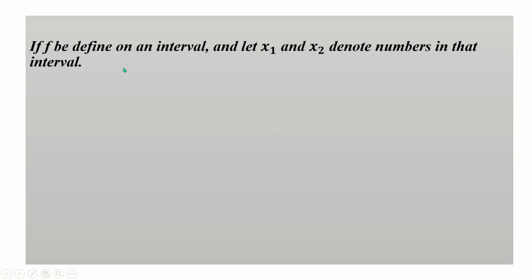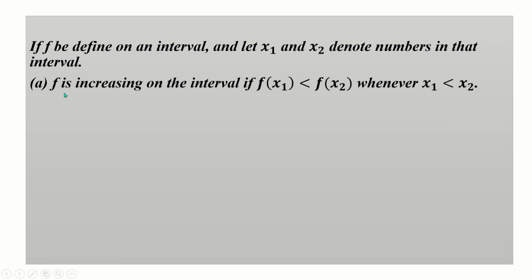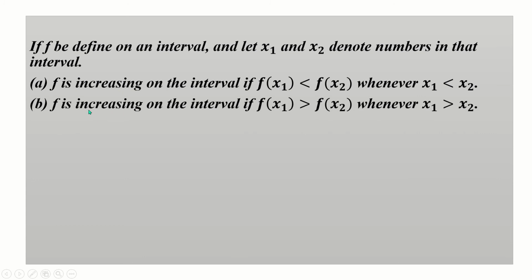If f is defined on an interval and x1 and x2 denote numbers in that interval, f is increasing on the interval if f of x1 is less than f of x2 when x1 is less than x2. It is decreasing on the interval if f of x1 is greater than f of x2 when x1 is less than x2.